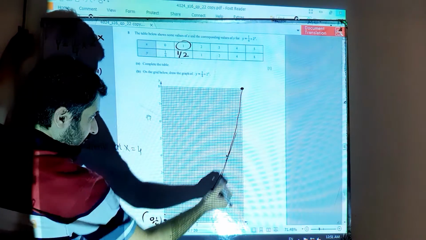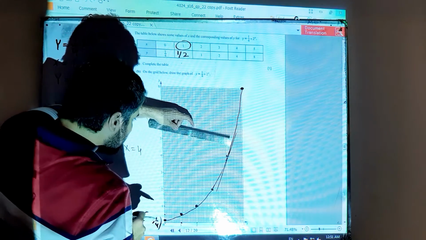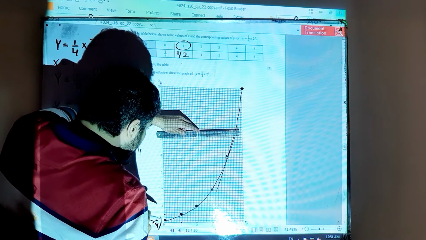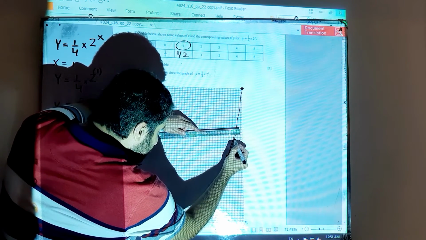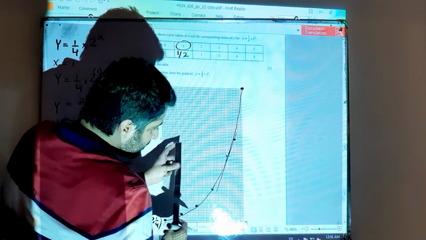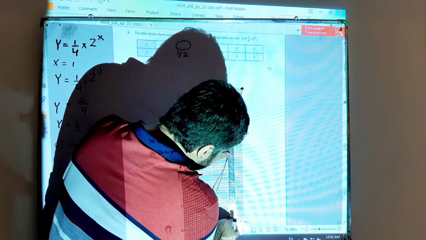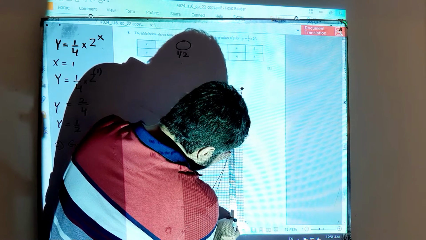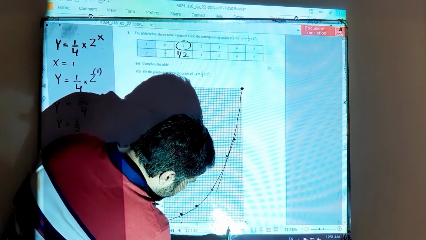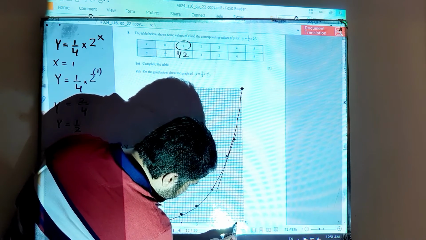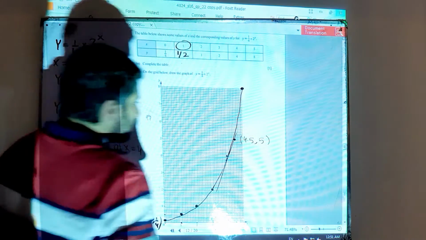You can take 1 point, that is y equal to 5. Let me pick up 1 point over here. What is the value of x over here? This is 4, 4.1, 4.2, 4.3, 4.4, 4.5. So when x is 4.5, y is 5.